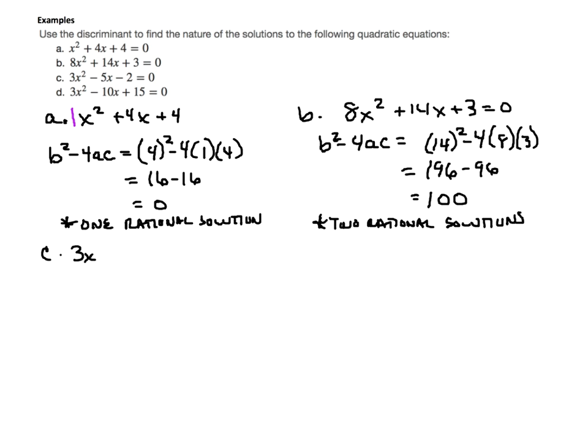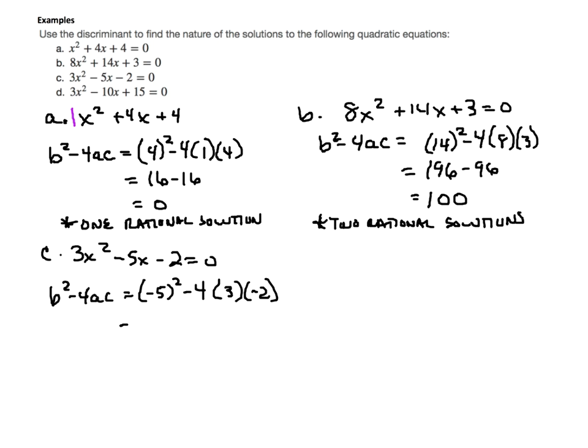Okay? For C, 3x squared minus 5x minus 2 equals 0. B squared minus 4ac: negative 5 squared minus 4 times 3 times negative 2, which is 25.